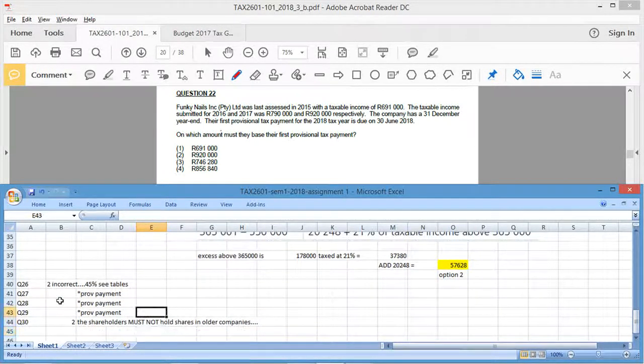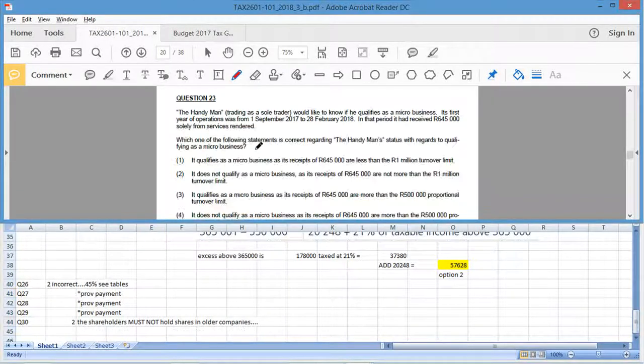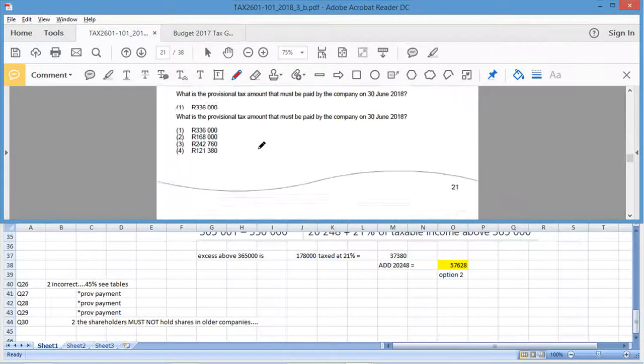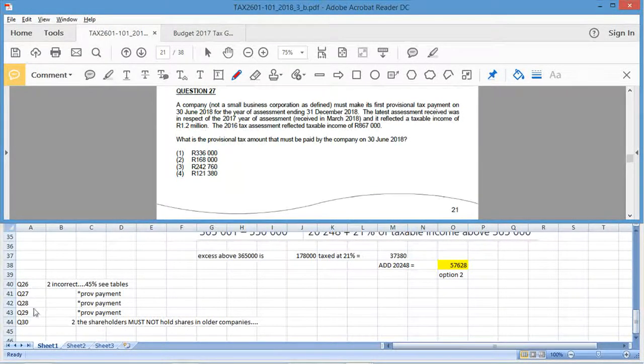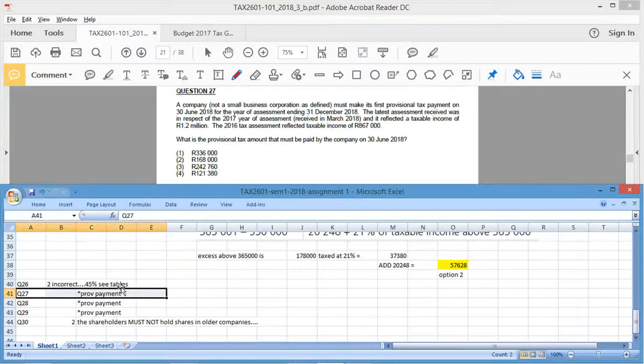Right, then we've got the last three questions here looking at the calculation of provisional income tax. There it is. Question 27. A company, not an SBC as defined, must make its first provisional tax payment on 30 June for the year of assessment ending 31st December 2018.